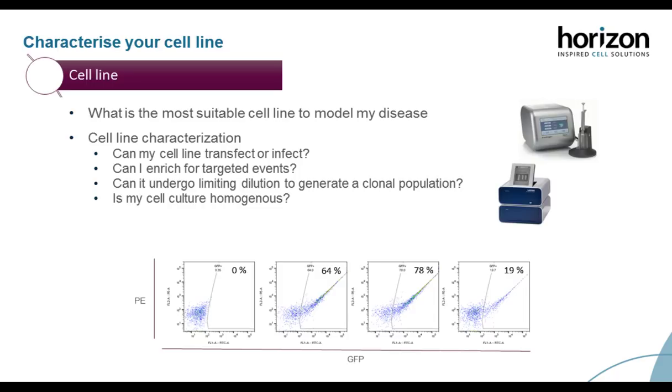This will help us determine if we can get clonal populations straight from sorting, as well as if we can get clonal populations at all. However, if you don't have access to a cell sorter, you can do this exact same experiment, except you transfect your cells using an antibiotic selection.